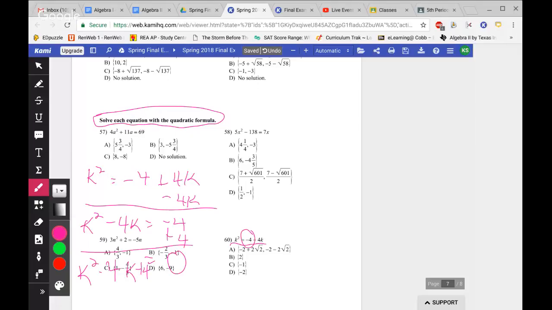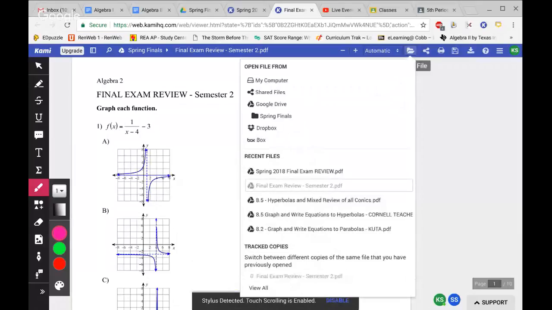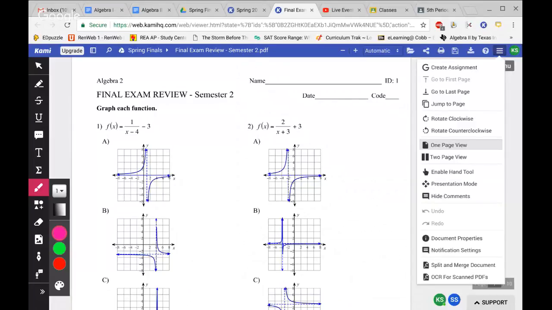I'm going to try to pull up a blank. I'm trying anyway.